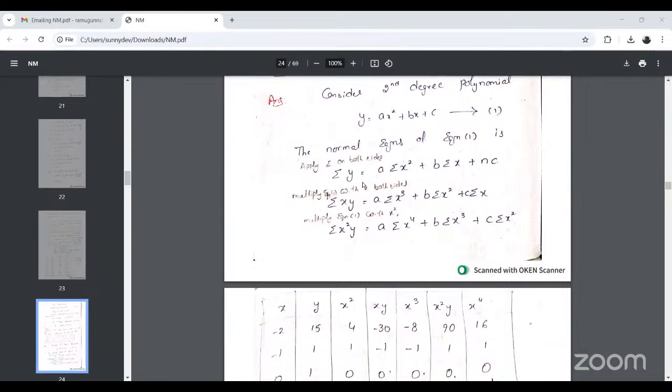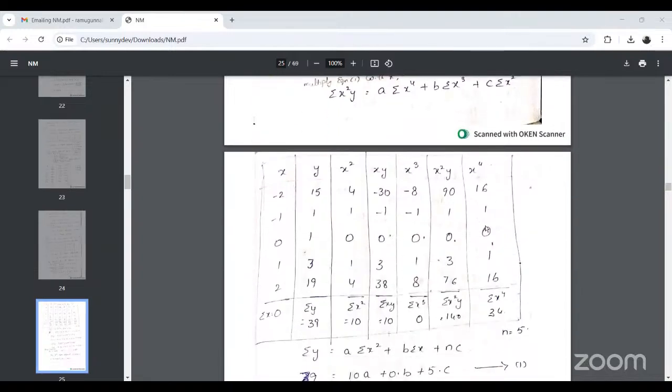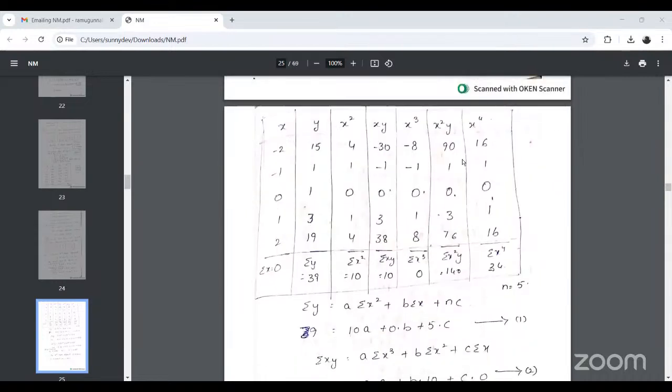First we multiply with x, and next multiply with x again, we are getting x square, a x power of 4, b x cube and c x square. And the next x into y, x square y, and x, y and x square, x into y, x cube. And all summations we should find out.